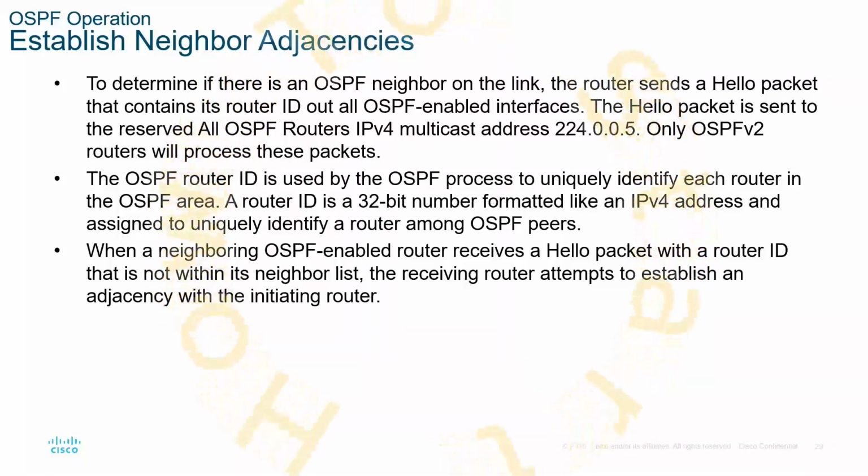In the real world, you'll have a documented network map, and you'd have the IDs laid out appropriately. When a neighboring OSPF-enabled router receives a hello packet, it will look at the router ID, and if it's not within the neighborhood list, the receiving router will attempt to establish a new adjacency. The routers have to have adjacencies formed to be able to share information.